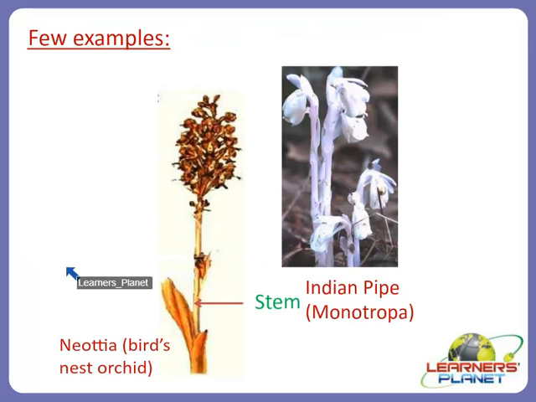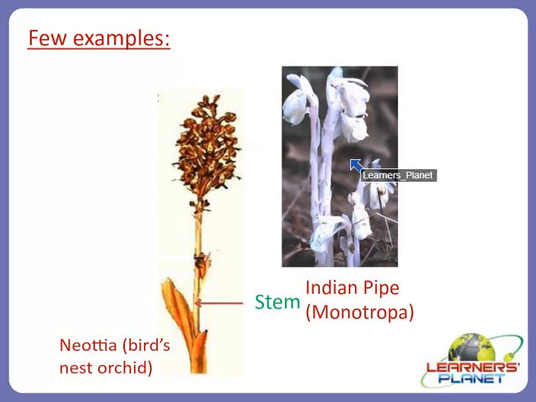Now let us discuss some more examples of saprophytes. There are a few more examples, like you can see here Neottia, which is also called the bird's nest orchid, and this is the Indian pipe, also called monotropa. So this is one such example of Neottia, which is called a saprophytic plant.